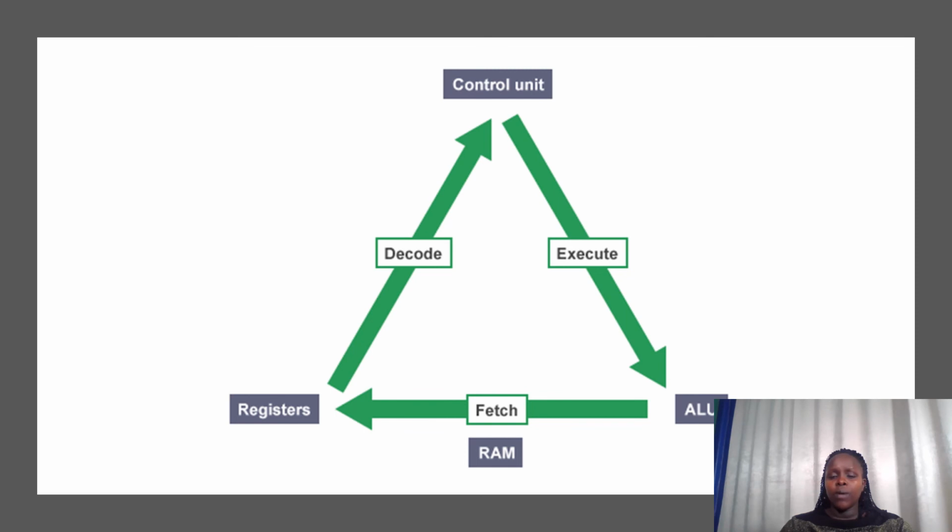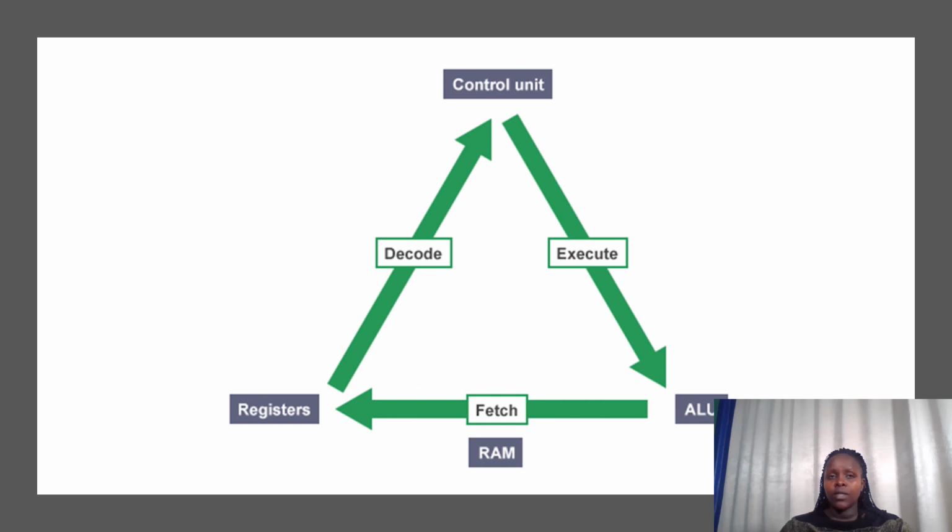So with the brief diagram that will help you to memorize the fetch, decode, execute cycle, here you see that you have a triangle from the control unit to the arithmetic logic unit. We have random access memory and the registers. Remember that the control unit will take the data from registers. Those data from registers will come from the RAM.